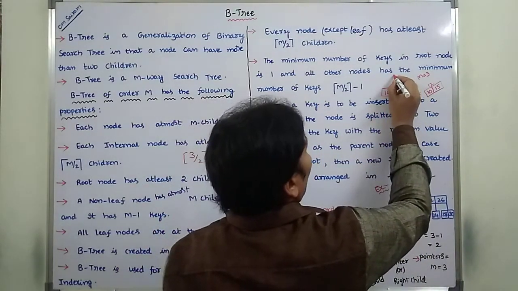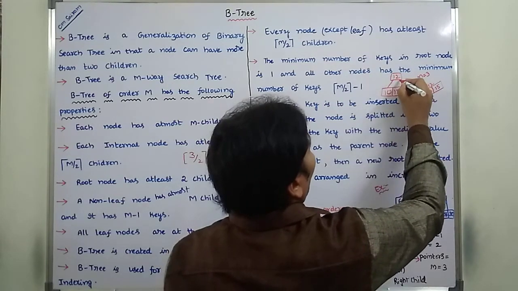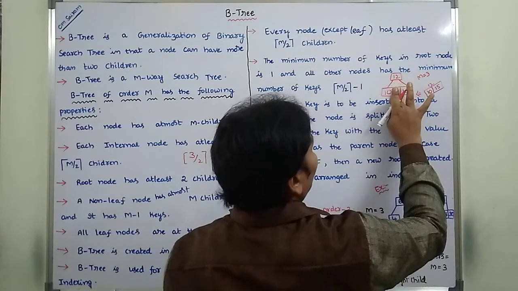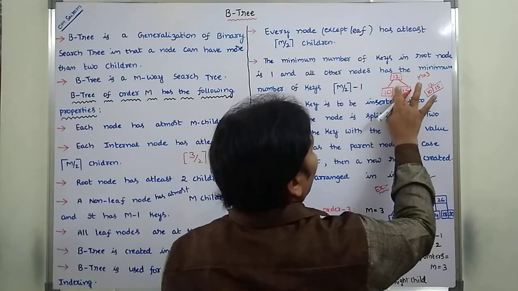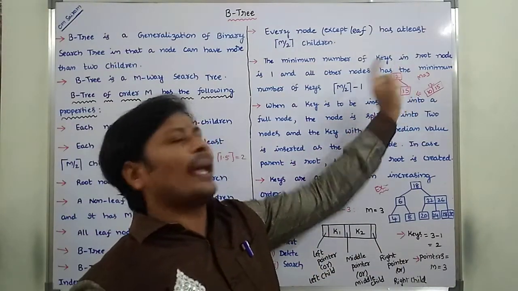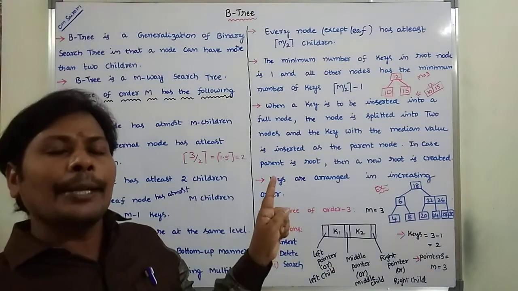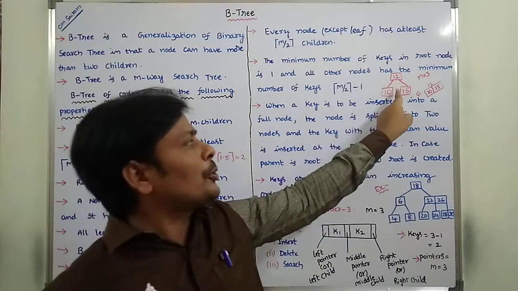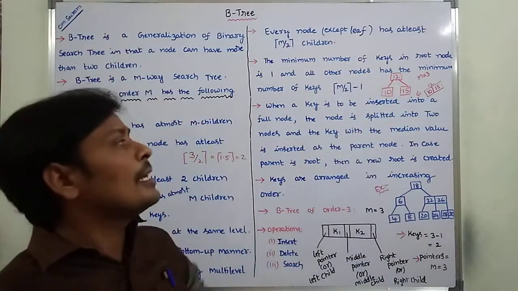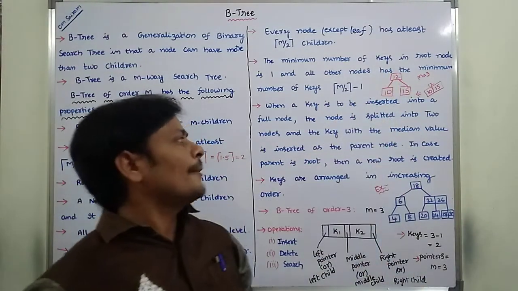So now 12 is the root node, and 12's left child is 10 and 12's right child is 15. The median value is the parent. Here in 10, 12, 15, the median value is the middle value. Middle value 12 can be taken as parent, and 12's left child is 10 and 12's right child is 15.